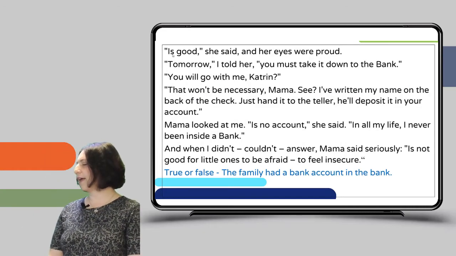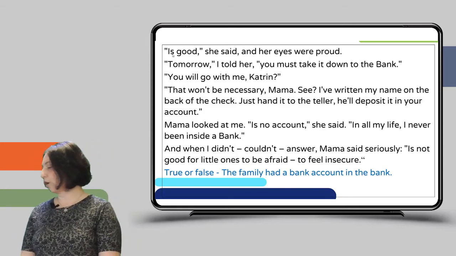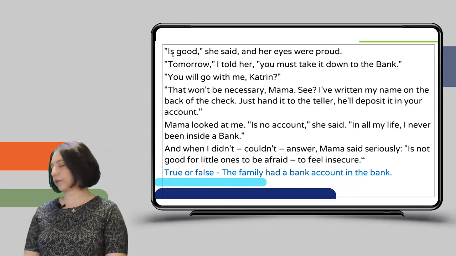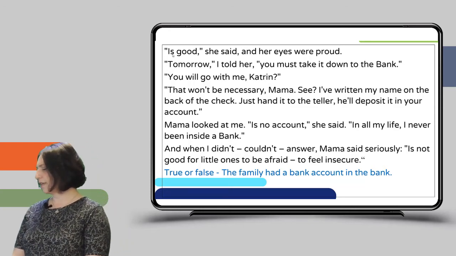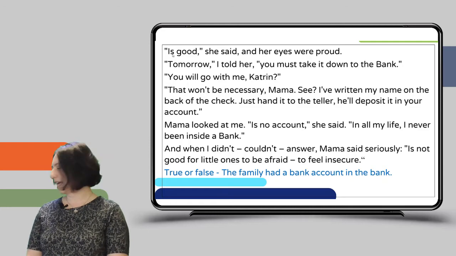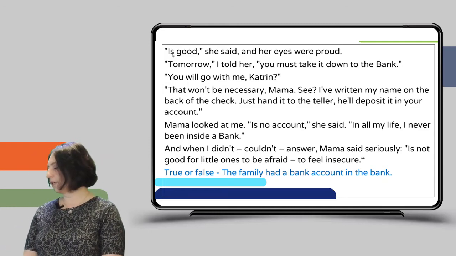"Is good," she said, and her eyes were proud. We're talking about Mama. "Tomorrow," I told her, "you must take it down to the bank." "You will go with me, Katrine." "That won't be necessary, Mama. See, I've written my name on the back of the check. Just hand it to the teller. He'll deposit it in your account." Mama looked at me.